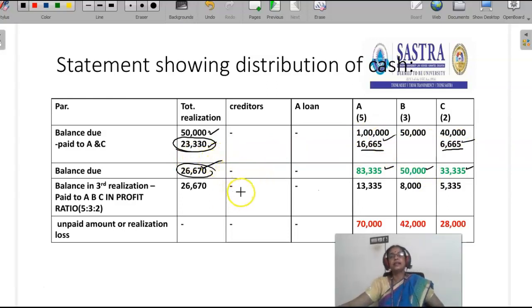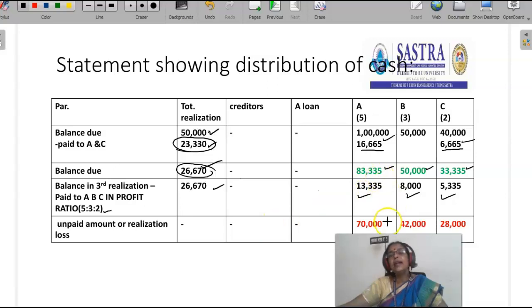Excess capital is settled. Now this amount should be distributed by the firm according to the P&L ratio. The profit sharing ratio is 5:3:2. So if we distribute this 26,670 in the ratio of 5:3:2, A will get 13,335, B will get 8,000, C will get 5,335.